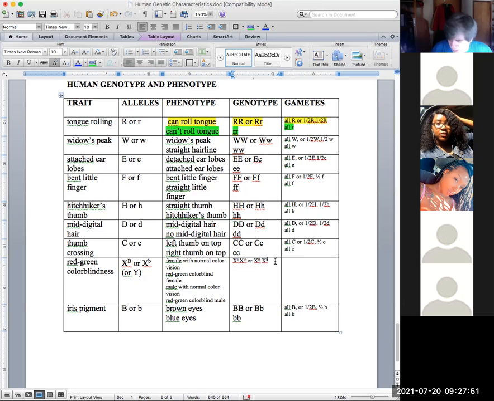Well, for a female who's colorblind, there's really only one possibility. This female has to be X^b X^b. That's the only possibility.